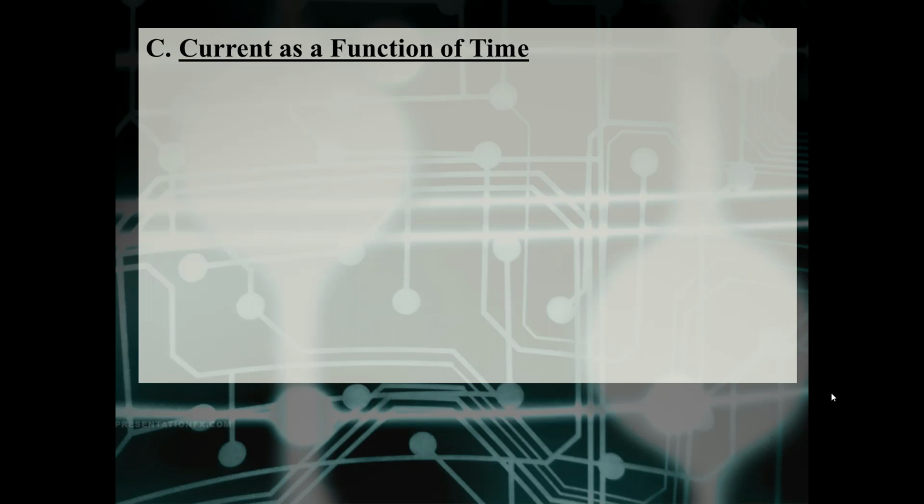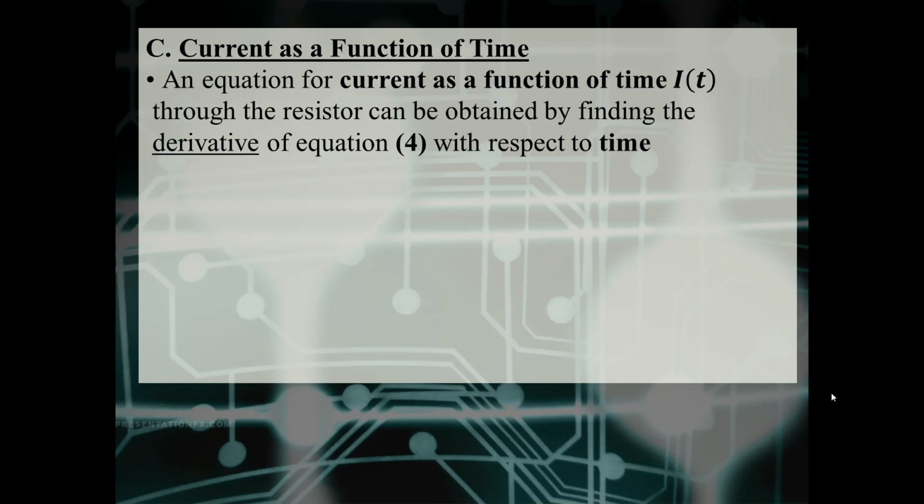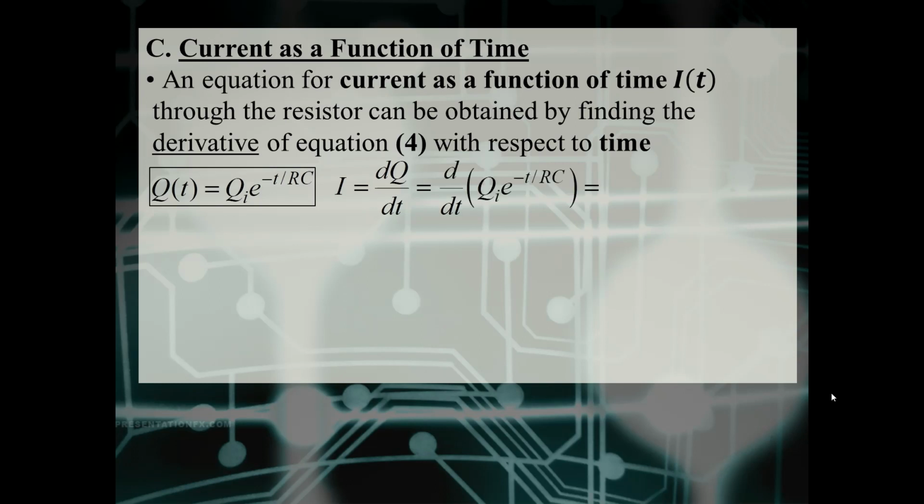Now, we also want current as a function of time. So again, current as a function of time, we're just going to differentiate that equation for charge. So again, our equation for charge is q of t is equal to qi e to the negative t over RC. And to figure out current, we're going to find the derivative of q with respect to t, which means I'm going to find the derivative with respect to time of qi e to the negative t over RC.